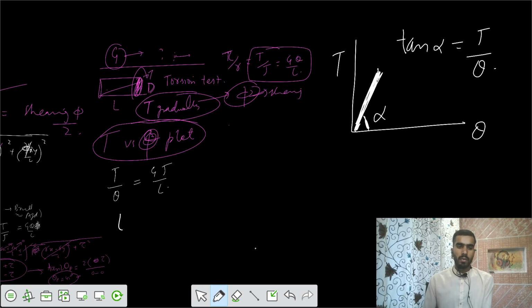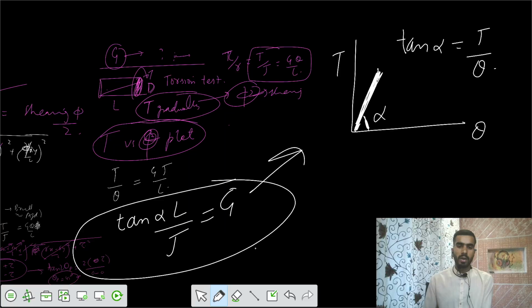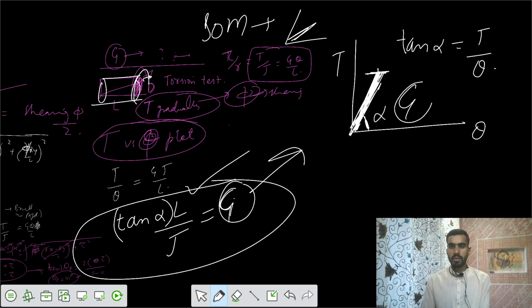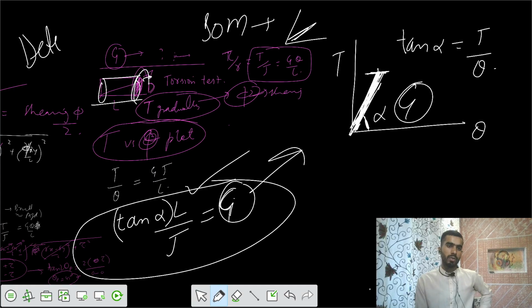And if I use that, tan alpha times L by J equals G. So I can get how much the value of G is for this particular material of length L and diameter d, as L by J into tan alpha. Since we are dealing in SOM, there would be a linear variation initially, and you take that part and get the value of G. So that was the determination of G using torsion test.